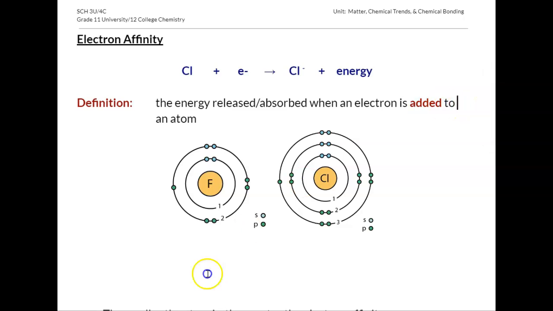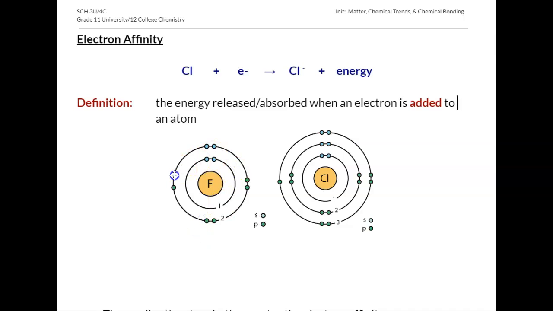Let's think about these two elements, fluorine and chlorine, one beneath the other on the periodic table. Fluorine is a halogen and chlorine is right below it in the halogen group. Which of these elements would want that electron more, and in getting what it needs release more energy? If you've made sense of what we've been doing so far, you'll understand it's all about atomic radius.